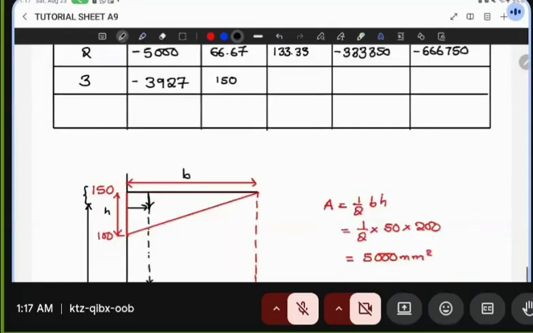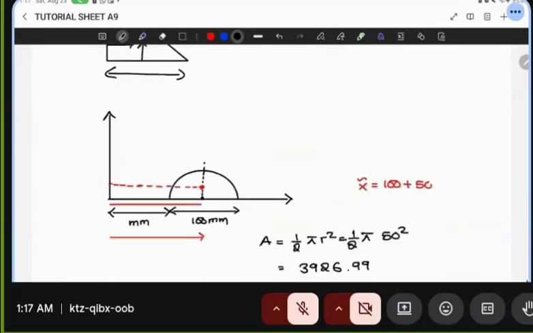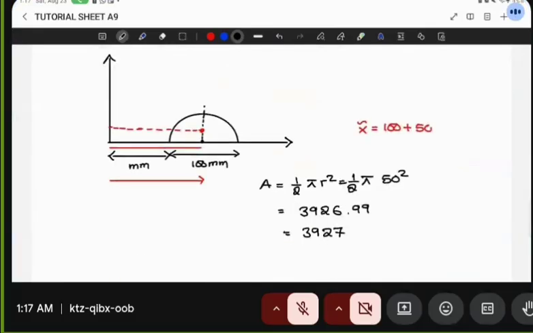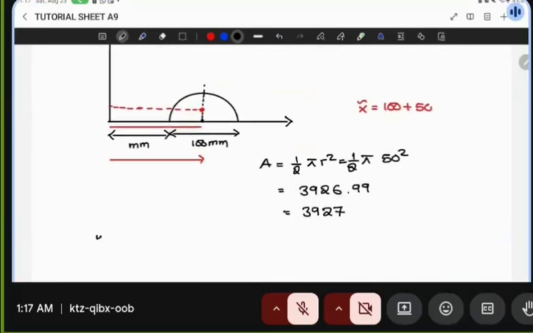Now, the y tilde. For a semicircle, y will be given by, do you remember the formula? 4 over 3 pi over r. Have you got it? Yes.